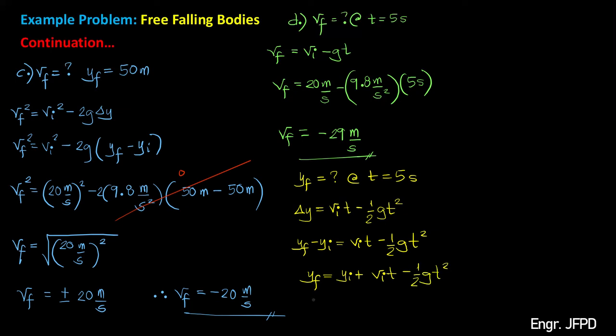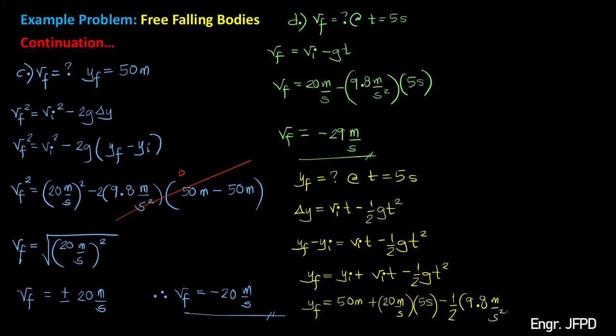Just simply substitute all our values. The initial position of the stone is 50 meters from the ground, plus the initial velocity of 20 meter per second, multiplied by the time of 5 seconds, minus 1/2 the acceleration due to gravity of 9.8 meter per second squared.